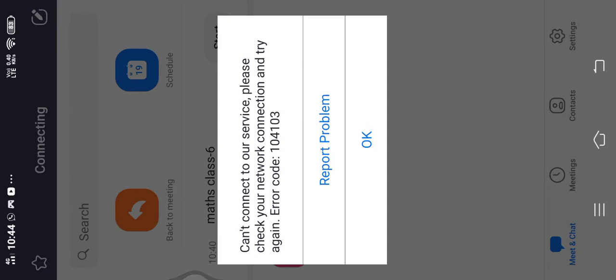So 128 plus 2 is how much? 130. Is 130 divisible by 5? Yes, because the units place is 0. So it will be divisible by 5.